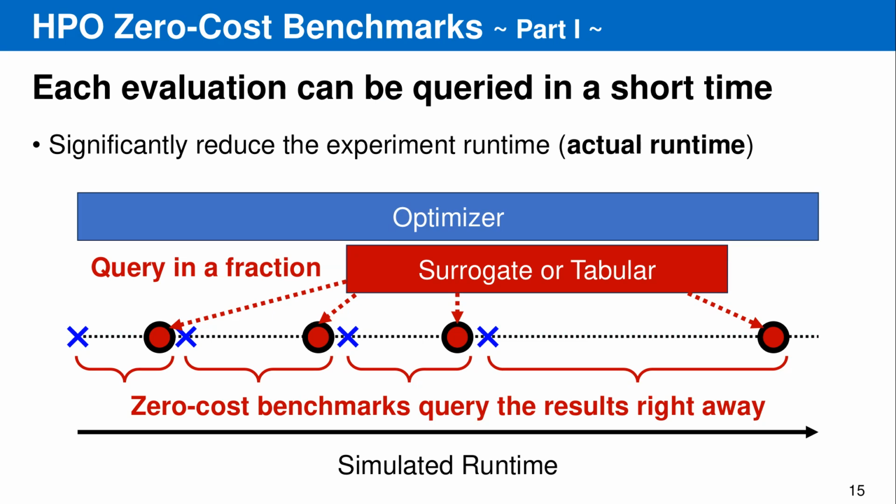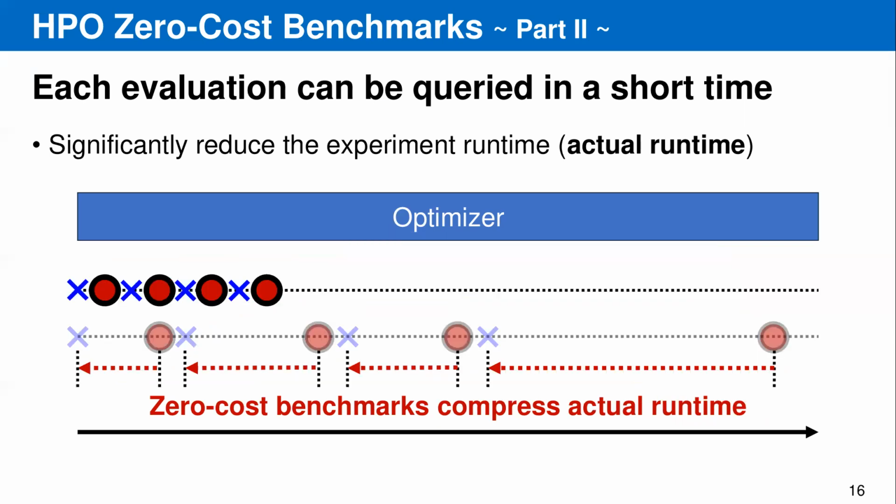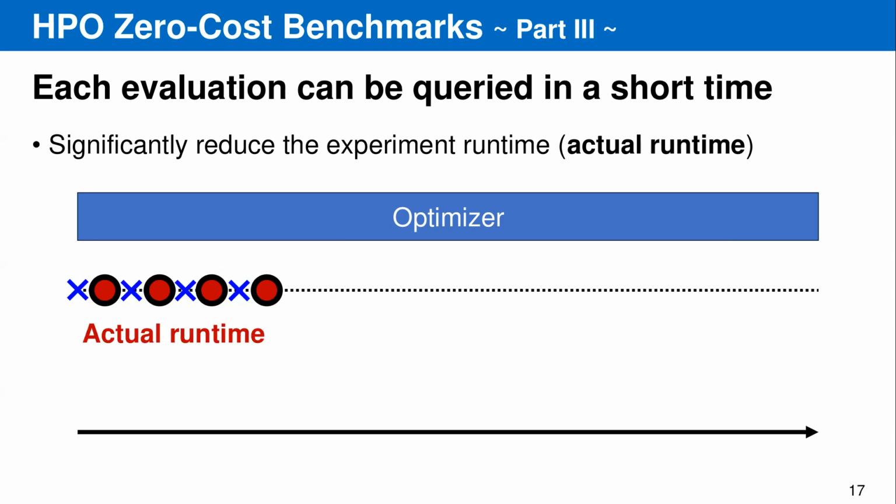When using a tabular or surrogate benchmark, each hyperparameter configuration can be queried in a fraction of the time. In the example of the presentation as well, we can shorten the runtimes for each query. Then, the actual runtime will look like this.